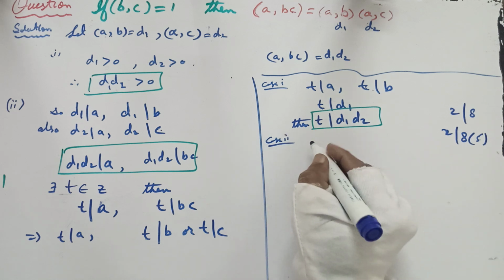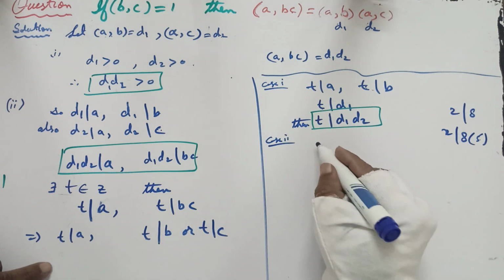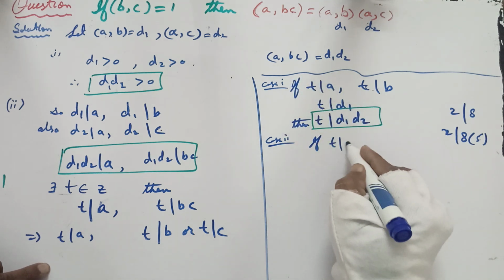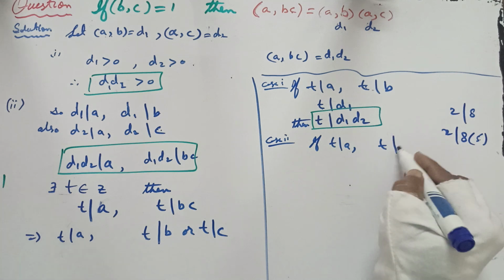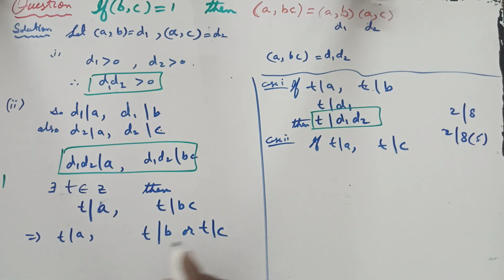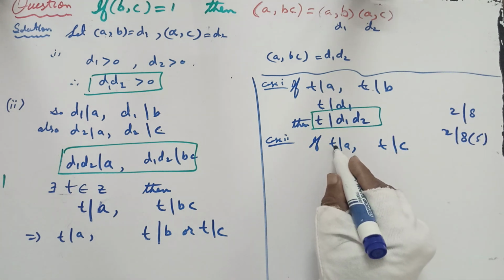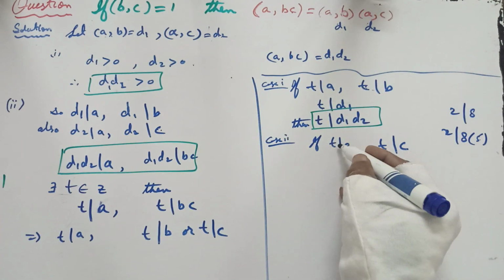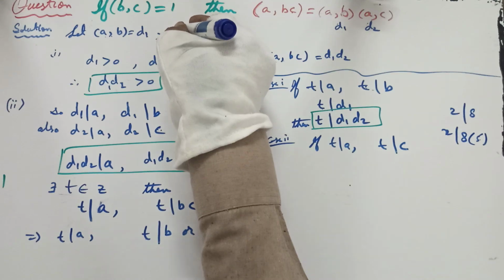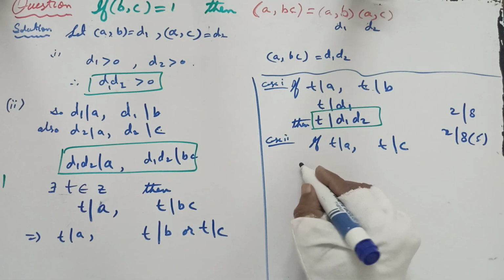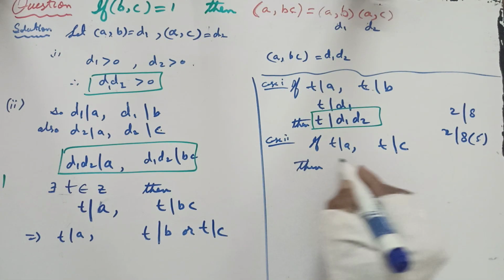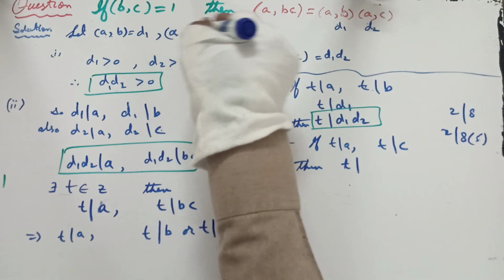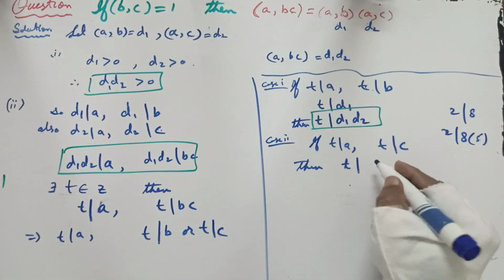Now case second. What is case second? If T divides A and T divides C, in both of these, then T is a common divisor of A and C. Therefore, T must divide the greatest common divisor of A and C. What is the greatest common divisor?